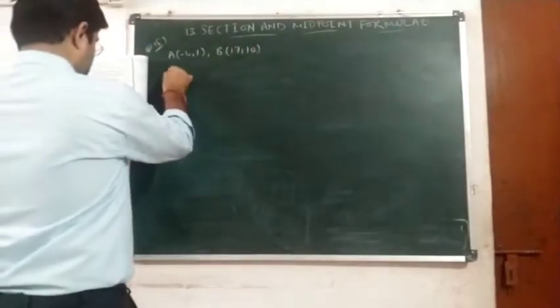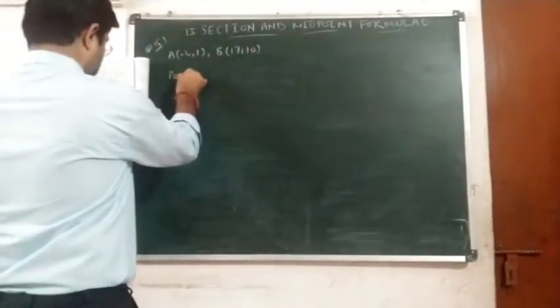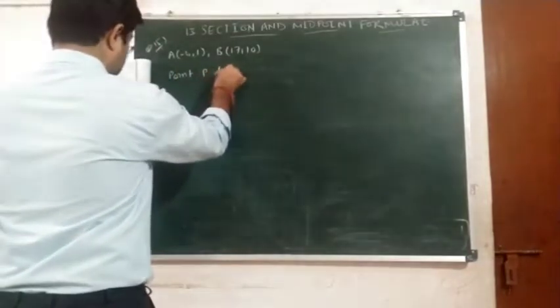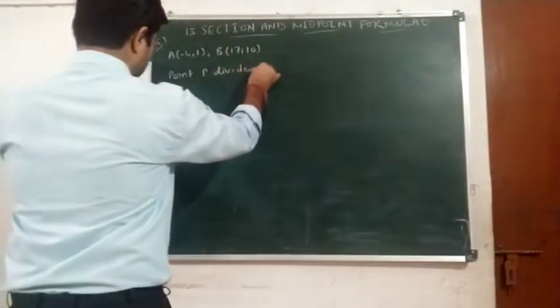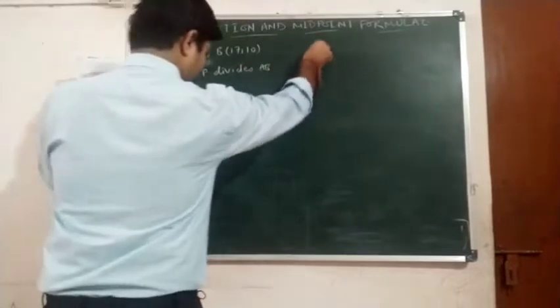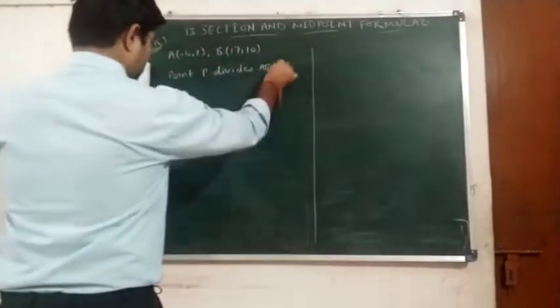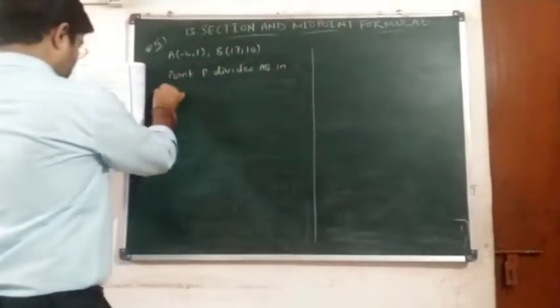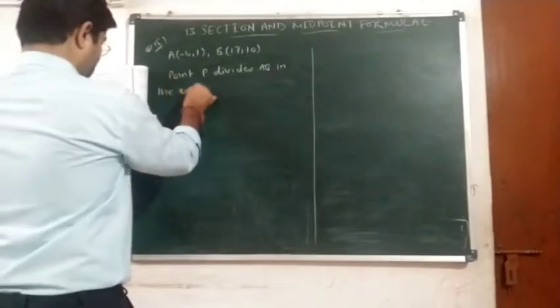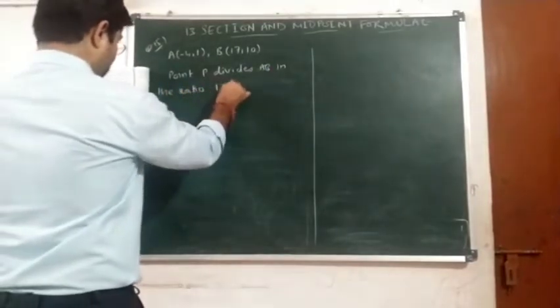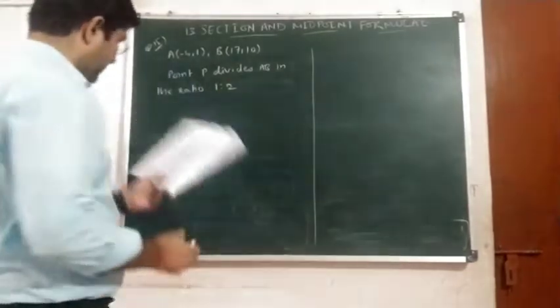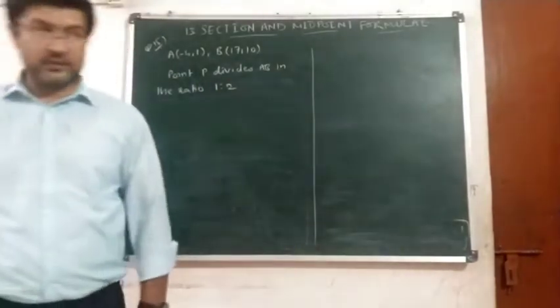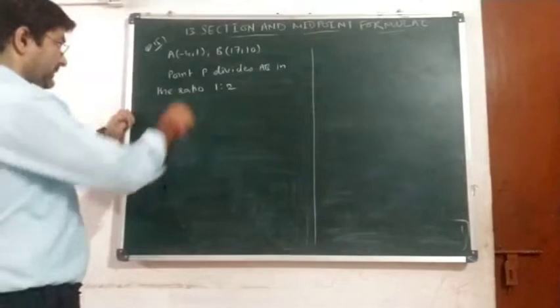Okay, point P divides AB in the ratio 1:2. We have to first find the coordinates of P, then other questions are there in the same.